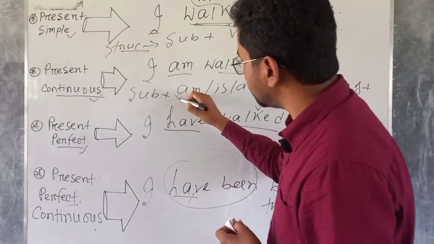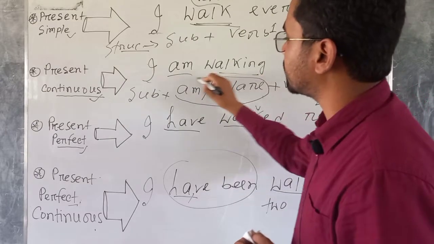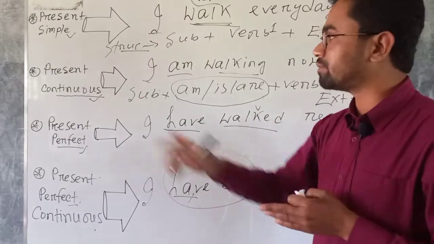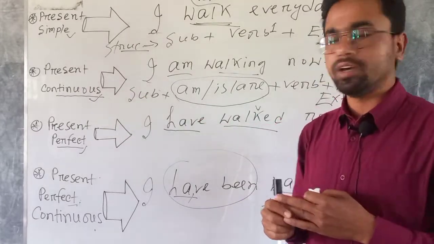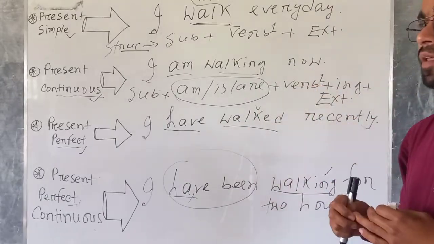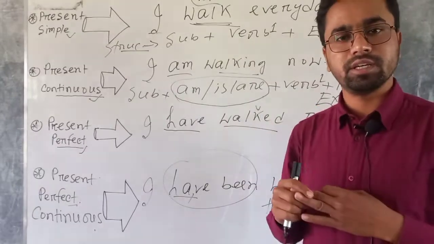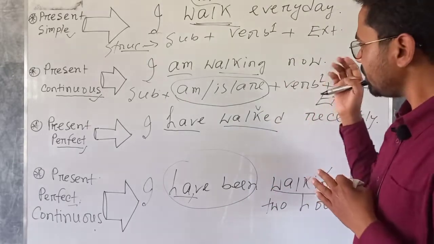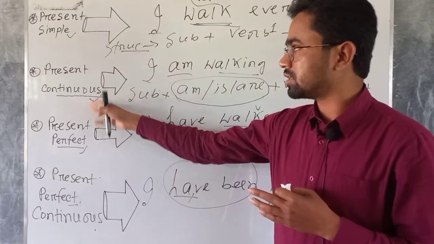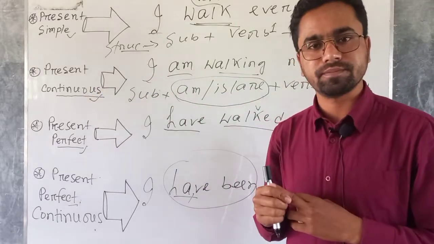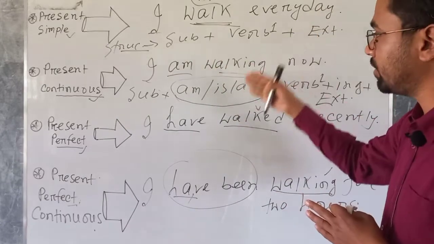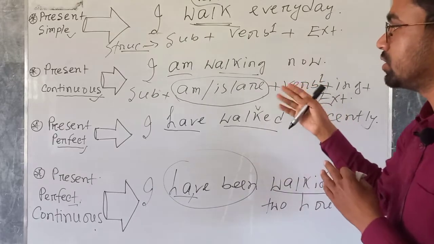Here in this structure, am, is, are will be considered the auxiliary verb of present continuous tense. Without using this auxiliary verb before the main verb, the sentence will be incorrect. So friends, be careful when you write a sentence using present continuous tense.